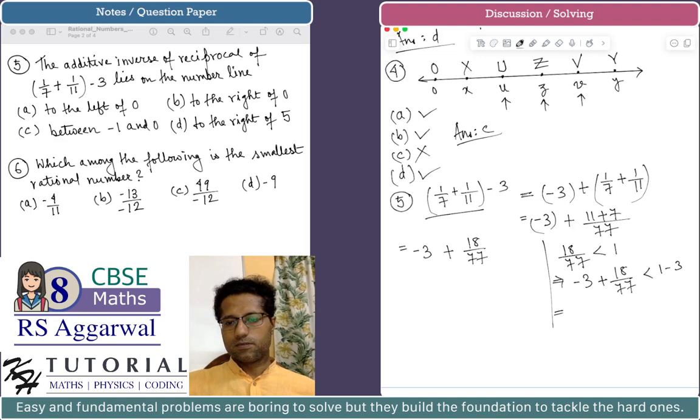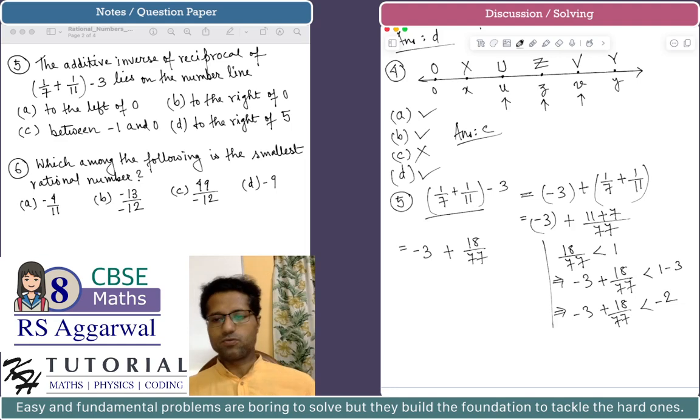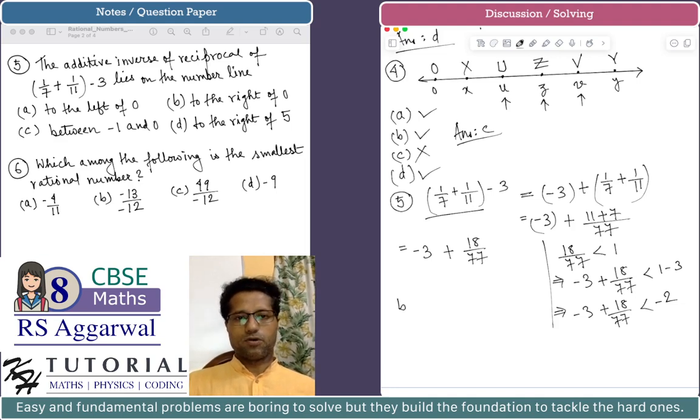So this implies that minus 3 plus 18 by 77 is less than minus 2. So choice B, we can rule out. Choice B is saying to the right of 0. This is definitely not correct because the rational number is less than minus 2. So choice B is incorrect.